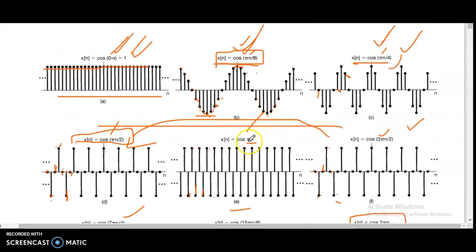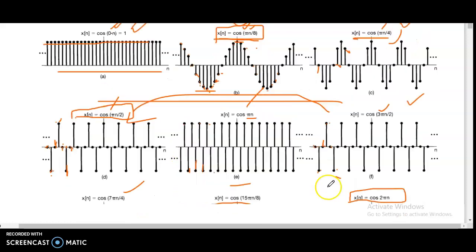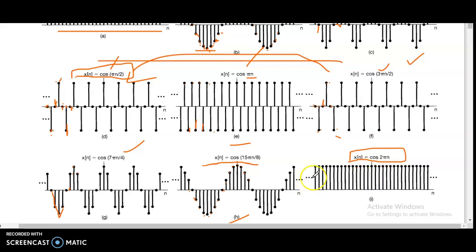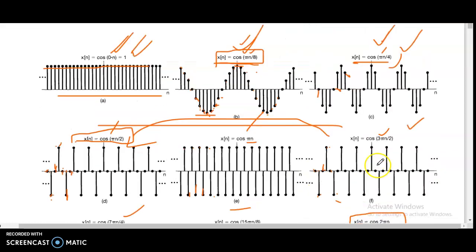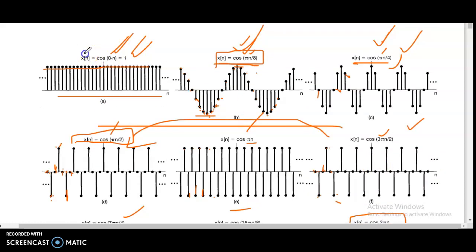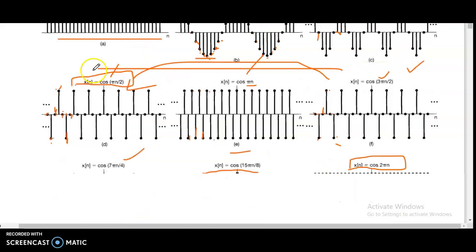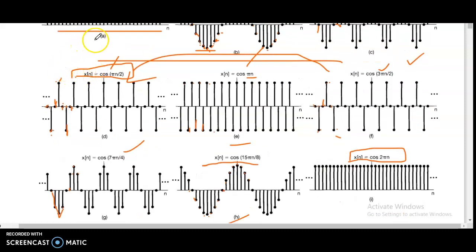Here only 1 pi n, so 1, minus 1, plus 1, minus 1. Here with 2 pi n, all are equal. Same. So x of n equal to cos of 0 n equal to 1 is almost the same as x of n equal to cos 2 pi n.